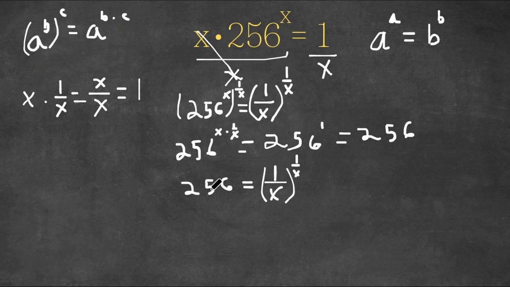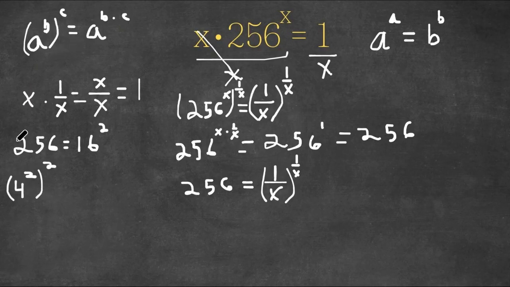Now we want to convert 256 so that it's in the form a to the power of a. Well, 256, this is equal to 16 squared, right? Now 16, this is equal to 4 squared. So we have 4 squared to the power of 2.